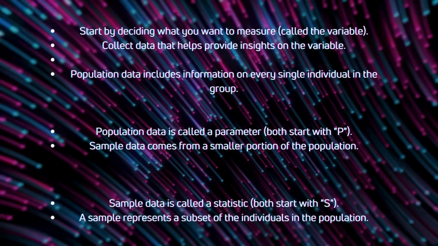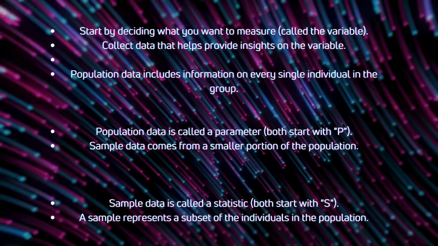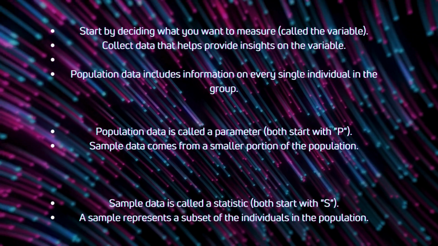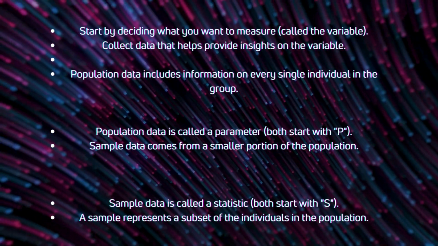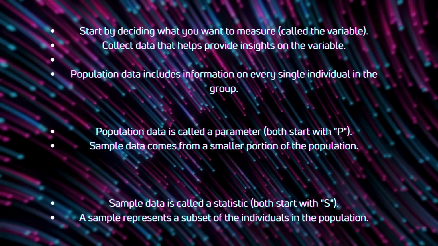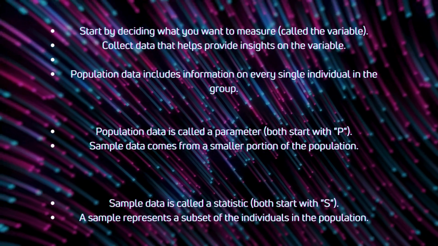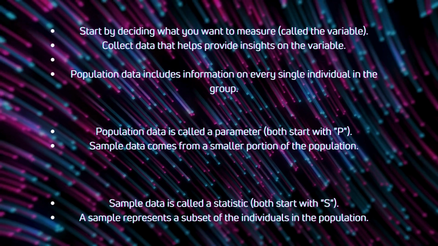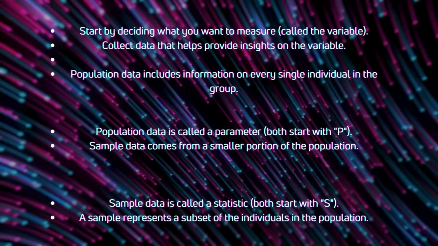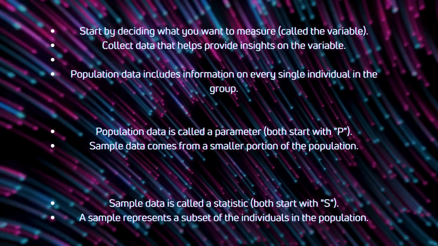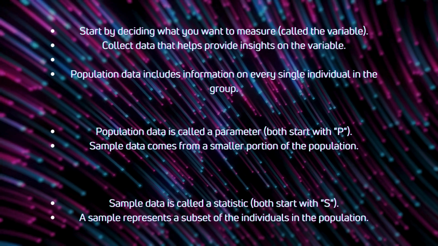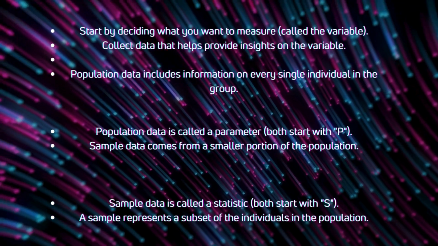So, first, we need to decide what we want to measure. The thing we are measuring is called our variable. Then we have to collect data that will hopefully tell us more about the variable.